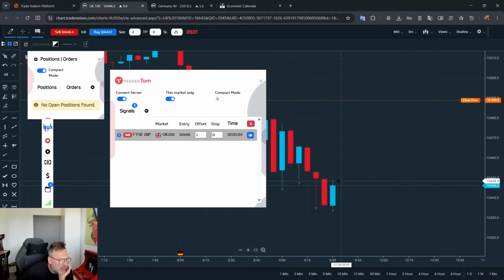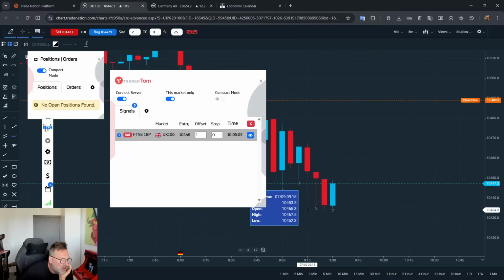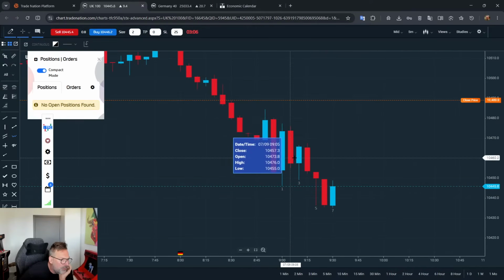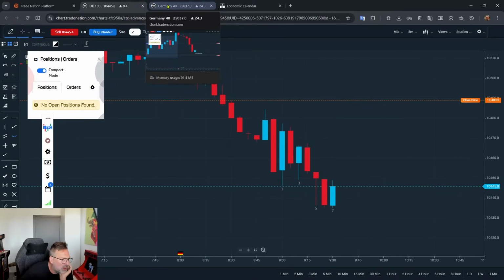Look at that footsie again. We made a new low, and now bulls are stepping in. It's a lot of overlap, a lot of chop, not a clean break yet.